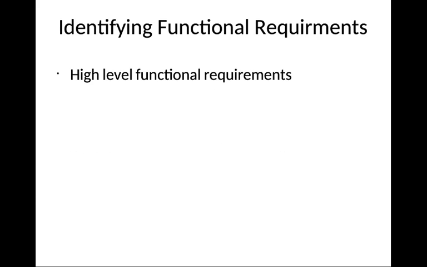The important thing in this software SRS document is the identification of the functional requirements. We have to find the high level requirements first. We identify the high level functional requirements, and these are subdivided into small categories or sub functions.